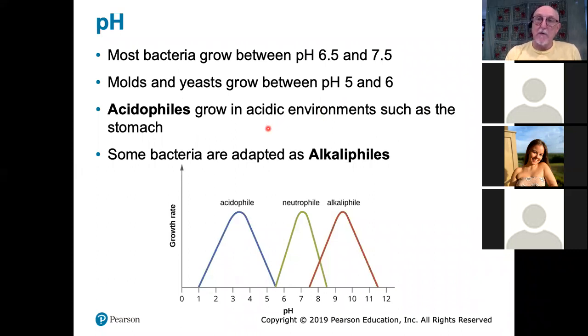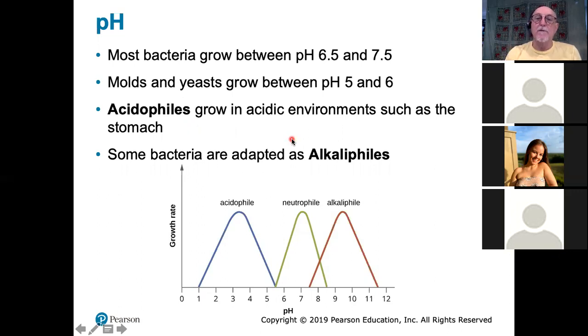So we have bacteria which actively grow in our stomachs, which are specially adapted to the low pH of the stomach. And those are referred to as acidophiles. The pH of the stomach is around about 2, which is extremely acid due to the hydrochloric acid that's present. So those are the acidophiles. They have to be specially adapted. We'll hear about how that is much later on.